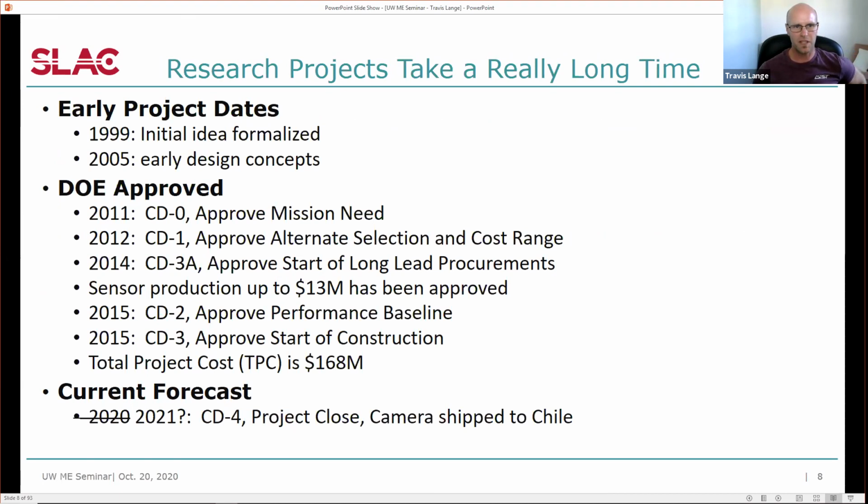And as Andy mentioned, in 2011, we actually had the very first approved mission for this camera. And in 2015, we actually got the approval to start the construction. And our finish date was supposed to be 2020. Both COVID and some technical challenges have delayed that a little bit. Right now, we're looking probably at the end of 2021 when we close out the project and ship it to Chile.